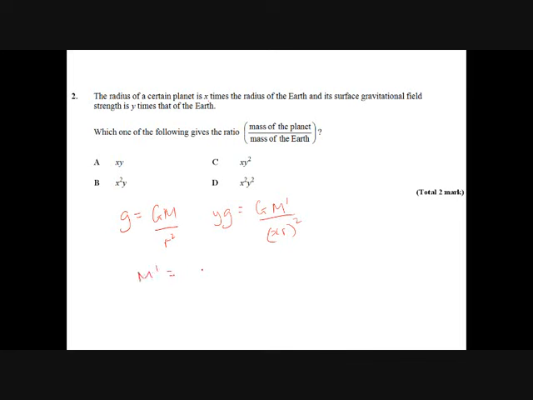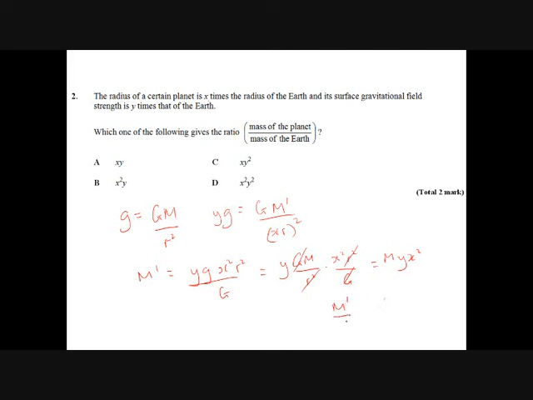So M dash equals yg, I'm going to square out the brackets just to keep it clear, x squared R squared, divided by G. But we know that g here is this expression, so I can write y times GM over R squared times x squared R squared over G. What you'll notice there is the G's cancel out and the R's cancel out, so I end up with M times yx squared.